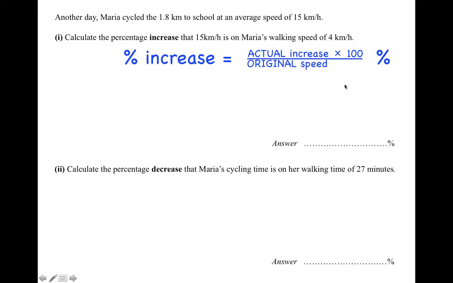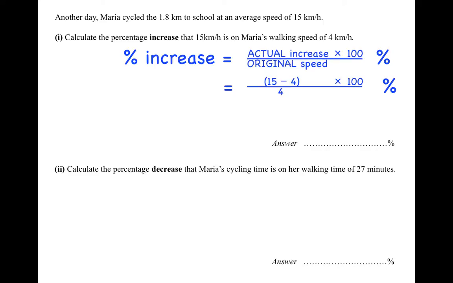So percentage increase equals actual increase times 100 because it's percent, and then divided by the original speed. You're comparing it to the original 4 kilometers per hour, so the fraction you work out is going to be out of the original 4.